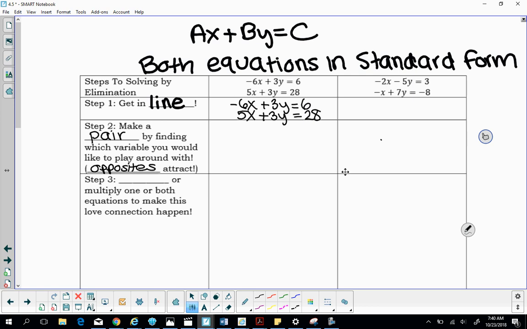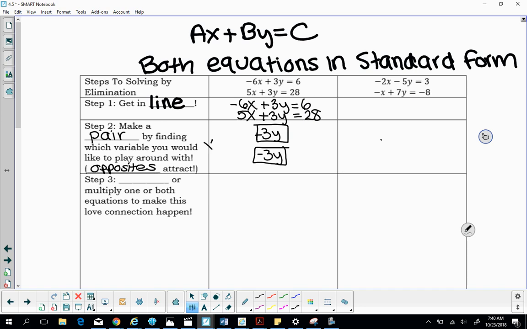What about y? 3 and 3. Which ones would be easier to play around with to get them to be the same number, different sign? The x's or the y's? The y's, right? So I'm going to be doing y's, and I'm going to want plus 3y, and I'm going to want one to be minus 3y.